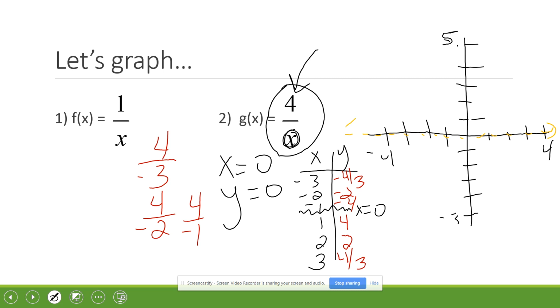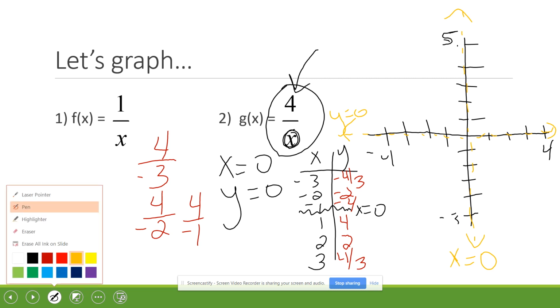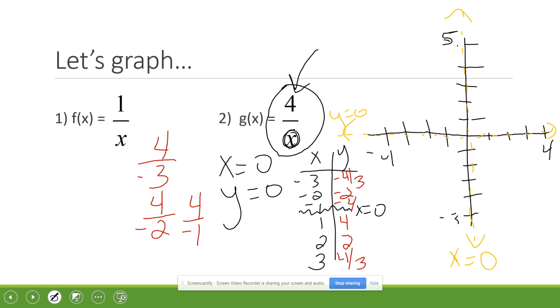Here's my horizontal at y equals 0. Here's my vertical at x equals 0. And then my points. I have -3, -4/3, -2, -2, and -1, -4.